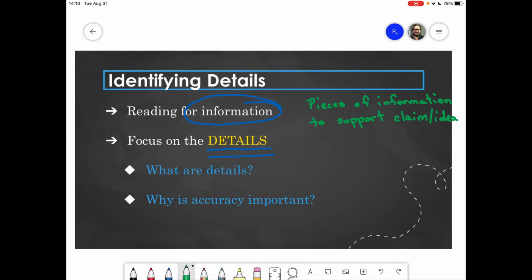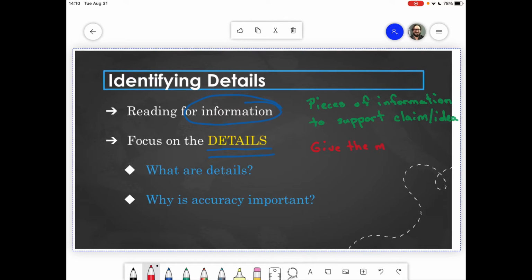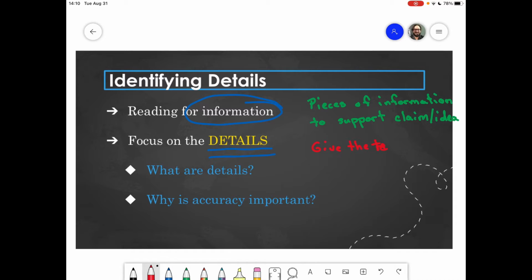So once again, details are important pieces of information that we use to support a particular claim or idea. The details within a text are what actually helps to give the text meaning. And this is the foundation for reading comprehension. So it gives the text meaning.